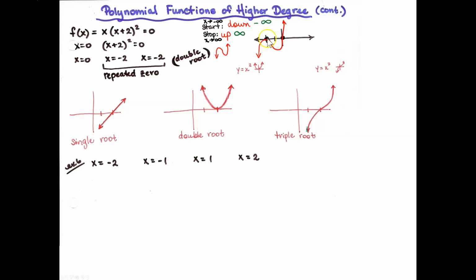I'm going to come up to -2, and I'm going to have a turn there because there's a double root. And then I'm going to go straight through at 0 and end going up. So start down. A double root at -2 makes my graph turn there. And then I'm going to do my second turn to come back up through that last x-intercept so that it ends going up.